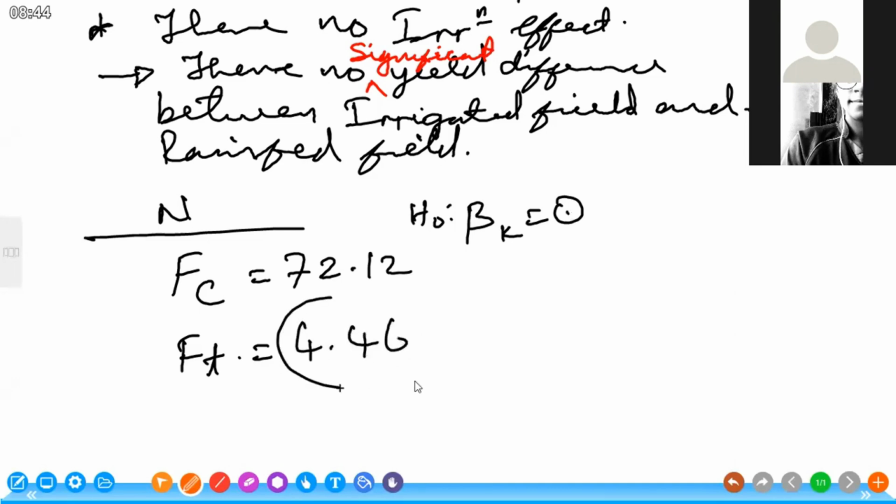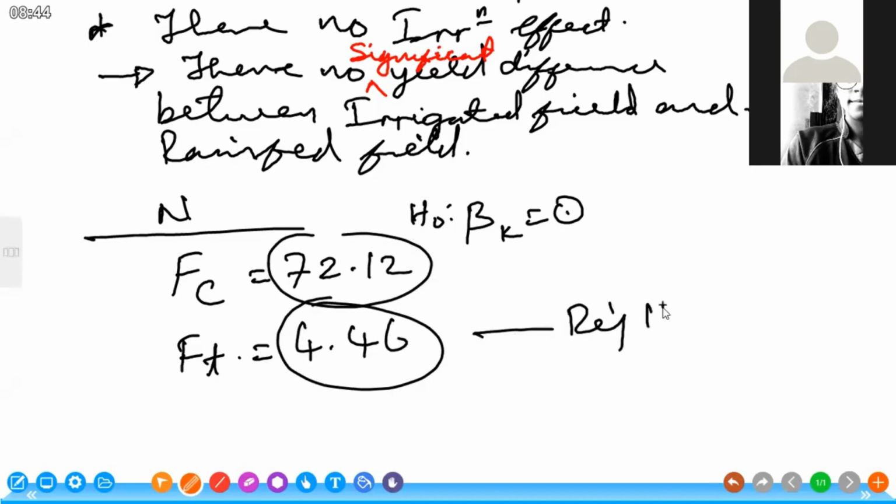So definitely this is much lower than this. So we reject H0, because the calculated value is much higher. So what is the conclusion? Definitely there is an effect of nitrogen.